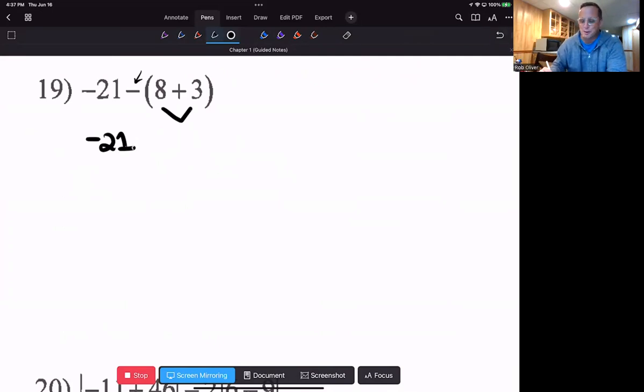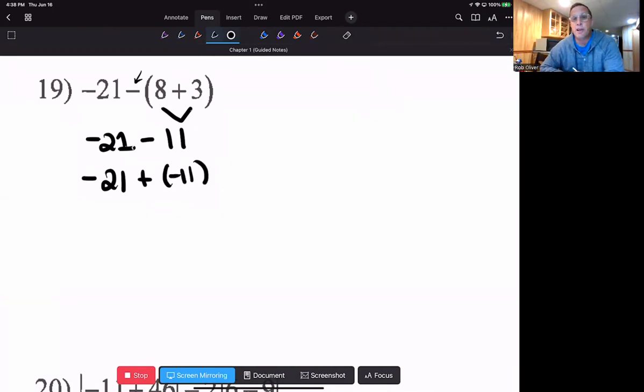I'm going to do 8 plus 3, which is 11. So 21 minus 11. Now I'm going to write that as an addition problem. -21 plus -11. And then it's easier to tell that you're going to add those up. -21 and -11 make -32.